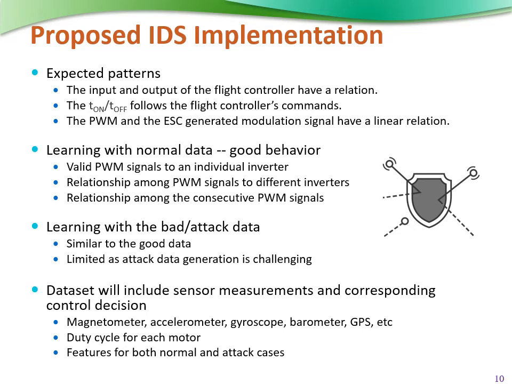The magnetometer, accelerometer, and gyroscopes are many on board, as well as the external sensor measurements, will be considered. We will consider the duty cycle, that is the PWM signals, and also the ESC generated signals. Our features will be both normal and attack cases.